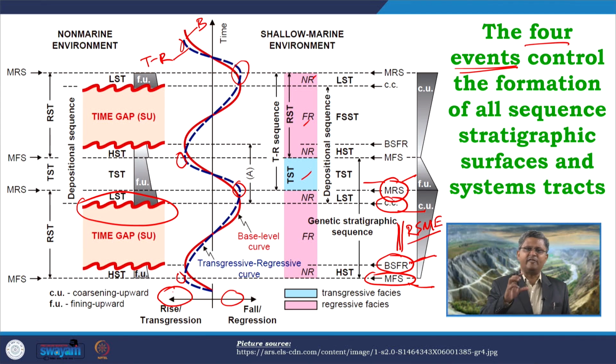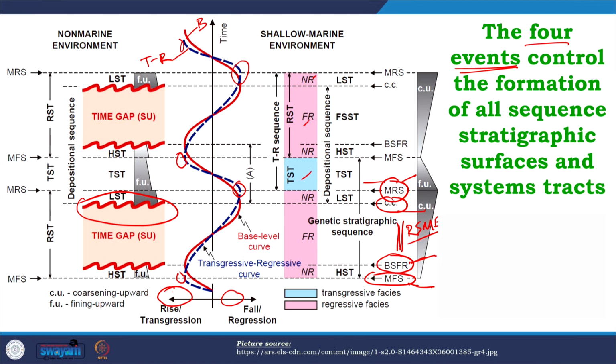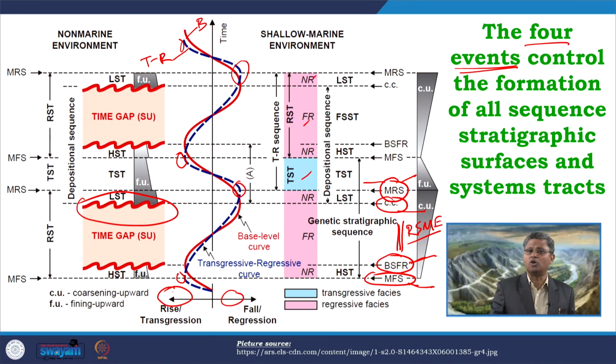These surfaces which are binding different systems tracts always come with some distinct characteristics, which we can use for identification in the rock record. So, what are those basic criteria? What are those basic identifying features? We will pick up individual surfaces one by one and discuss them in detail in the next few classes.